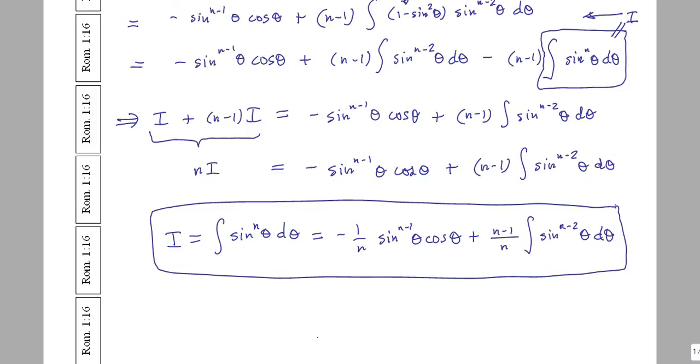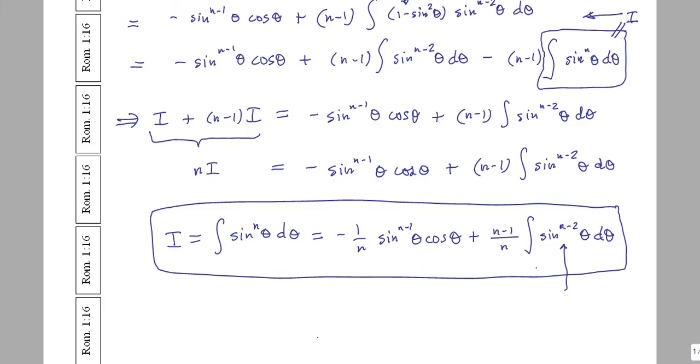But let's say we were interested in doing the integral of sine to the 6th power. So n in that case becomes 6. Notice in this integral back here that I would necessarily need to know what the integral of sine to the 6 minus 2 power is, that is to say the integral of sine to the 4th, which is no problem since we've already developed it.